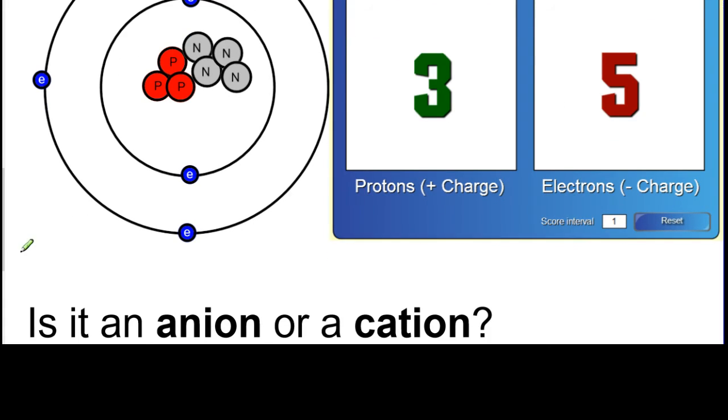So that's going to mean that we have lithium. Oh, probably don't want to use the highlighter. We're going to end up with a lithium minus 2 charge because we have 2 extra electrons. And again, is it an anion or a cation? Well, it's an anion because we have 2 extra charges.